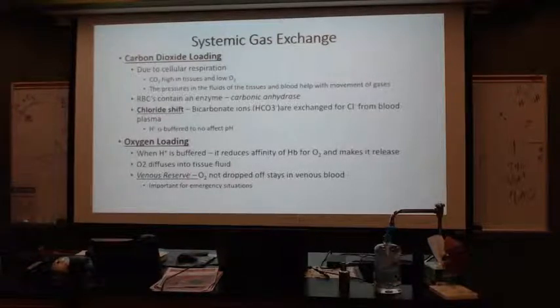Table salt is a huge mixture of all of them. We just talk about it in the form of sodium chloride because that's the easiest one to look at. But what happens to a salt once we get it into the body?